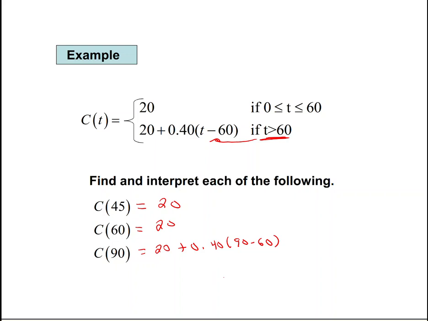Multiply that 30 times 0.4, which gives us 12. So if 90 minutes are used up, then our bill will be $32.